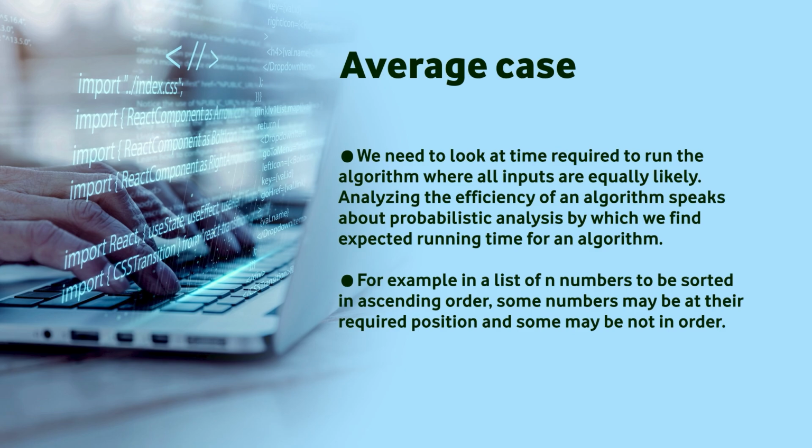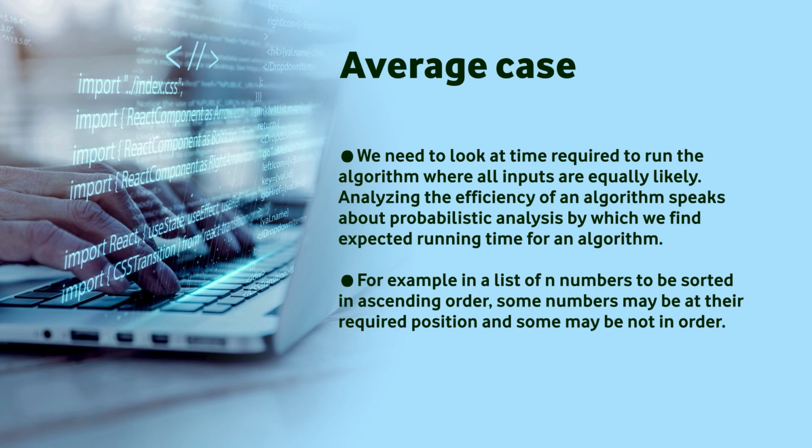For example, in a list of n numbers to be sorted in ascending order, some numbers may be at their required position and some are not. That means the elements are input in jumbled order, maybe increasing, decreasing, or with no specified way of entering the numbers. When we sort those elements, this is the average case.